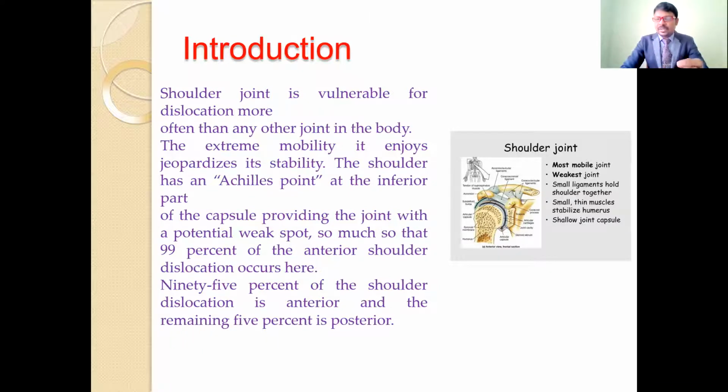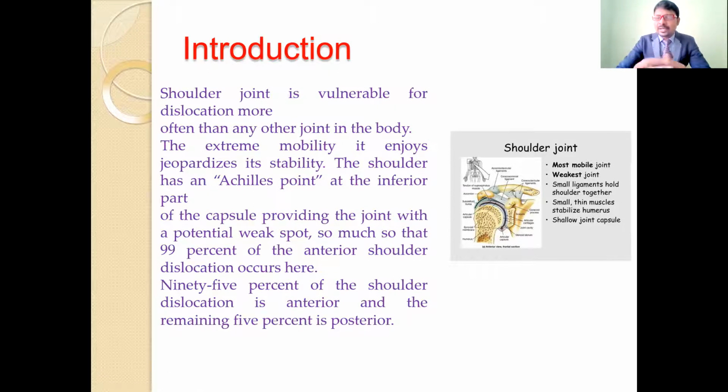The shoulder joint is formed by the head of the humerus and the glenoid cavity of the scapula. The glenoid cavity is small in size and the head of the humerus is large in size. Because of the small glenoid cavity and large humeral head, it gives less congruence.